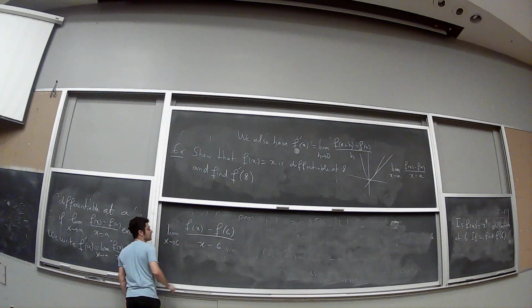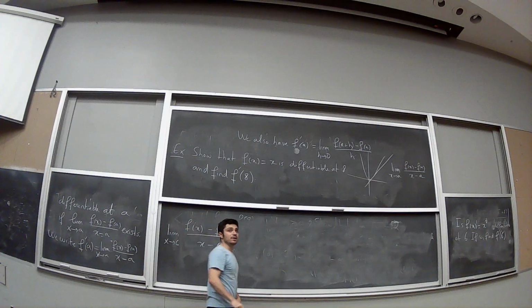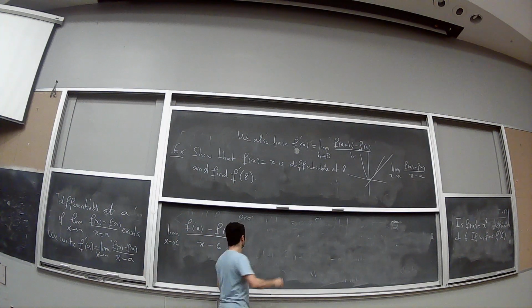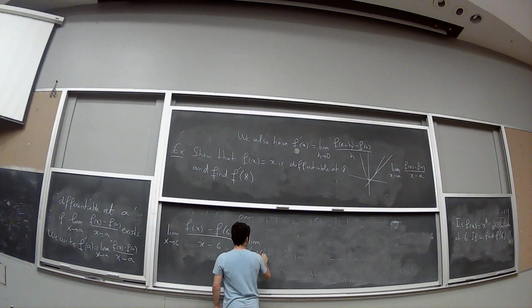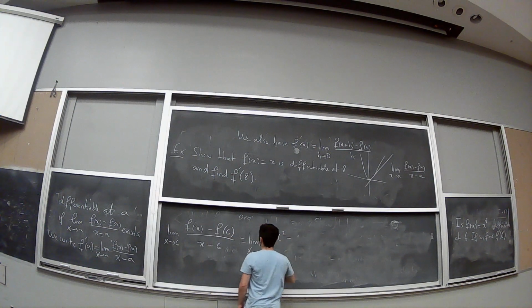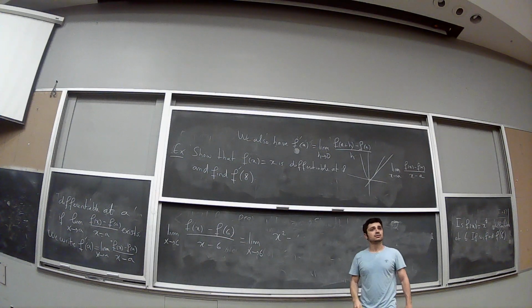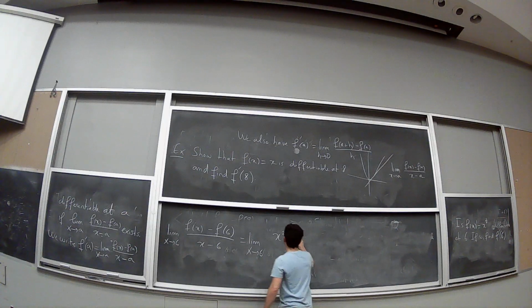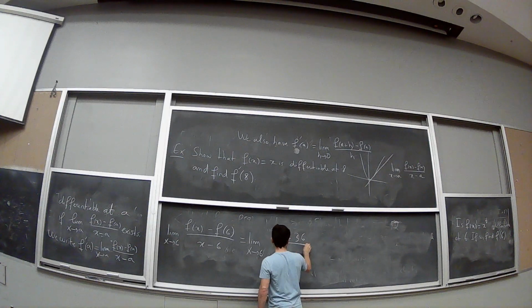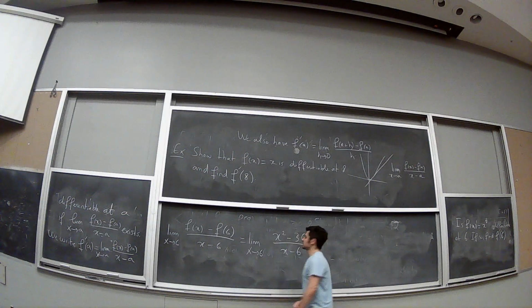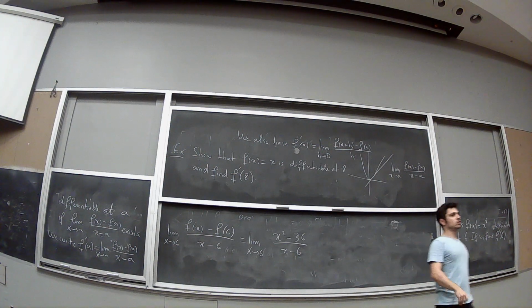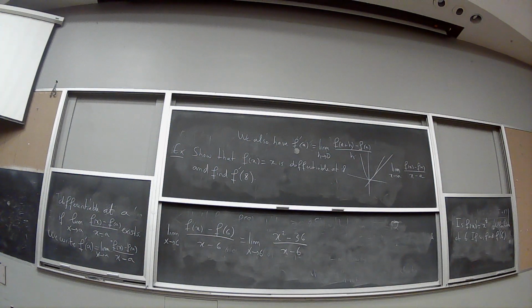What is f of x here, everybody? X squared. What is f of 6? 36. So I have x squared minus 36 over x minus 6. So I try to plug in, what do I get? 0 over 0. What can I do here?